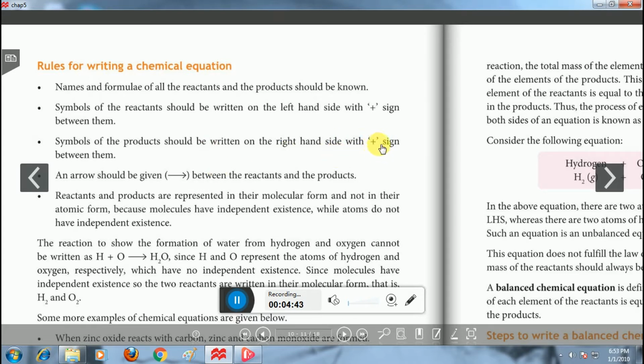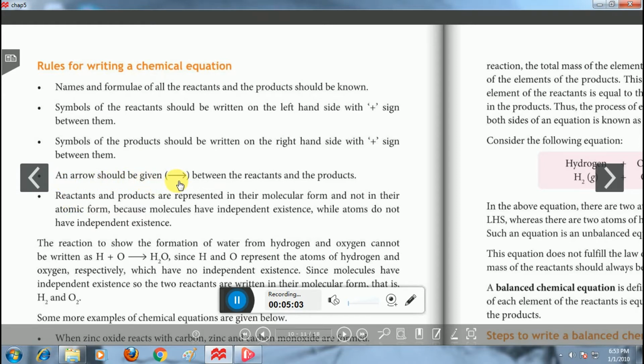The plus sign on the product side signifies only that more than one compound is formed, but the plus sign on the reactant side, that is on the left hand side, signifies that the reactants are reacting.